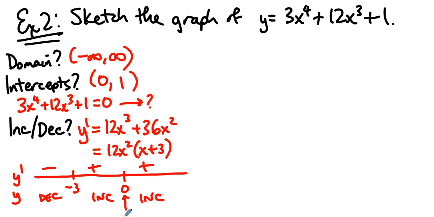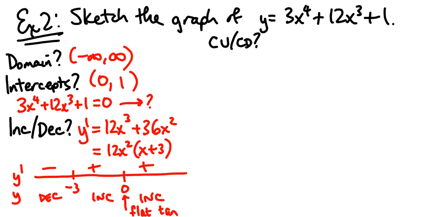So what happens here? This is a place where the tangent line is flat. It comes to a sort of a flat point, but it's increasing before that flat point and increasing after that flat point.